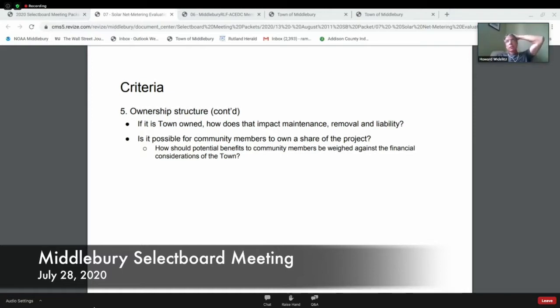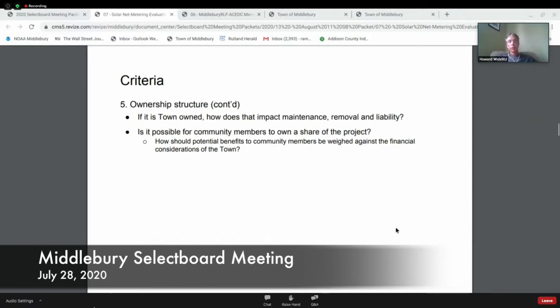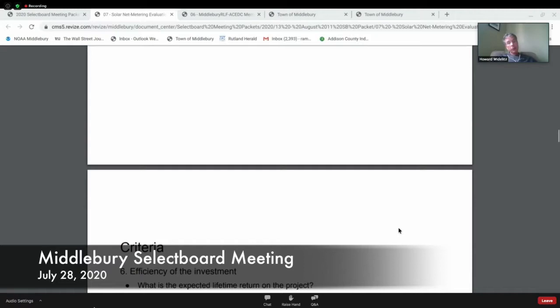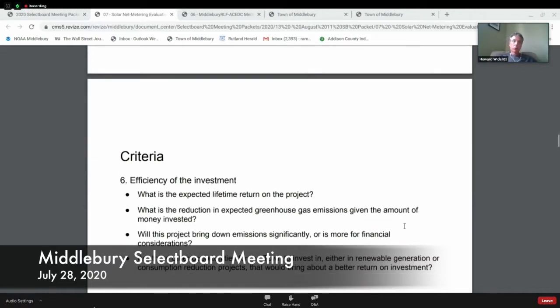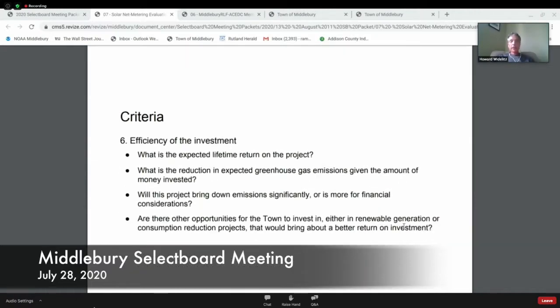When looking at this, we believe that solar net metering is really more of a financial benefit than carbon, only because GMP is planning on going carbon free. They're saying by 2025, it might be more like 2028, but that's happening in the not so distant future. So then you're not getting the same benefit.